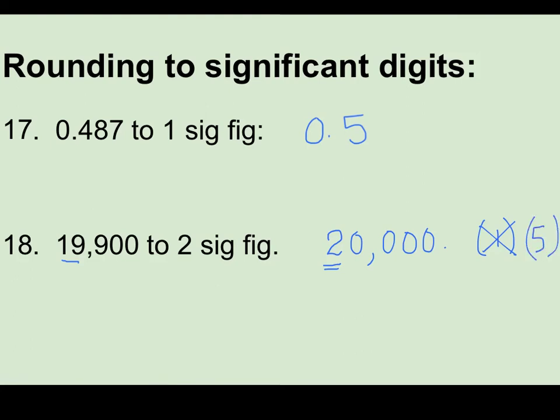So our job is to write 20,000, but with only 2 significant digits. And so the only way to do that is to write it in scientific notation. Write 2.0 times 10 to the 4th. And then you will have 19,900 rounded to 2 significant digits.